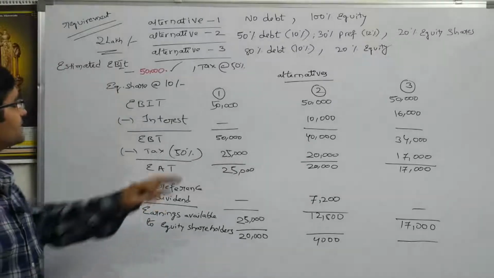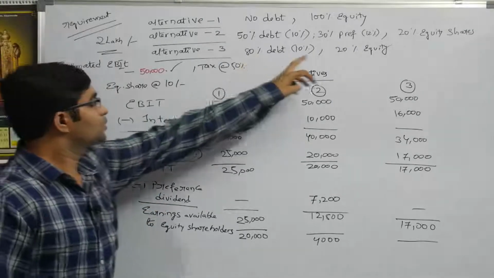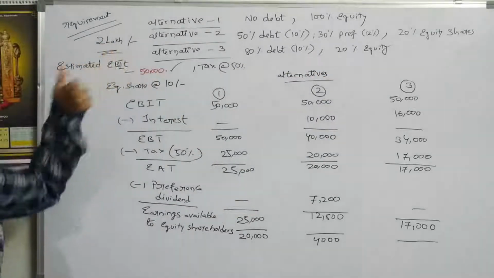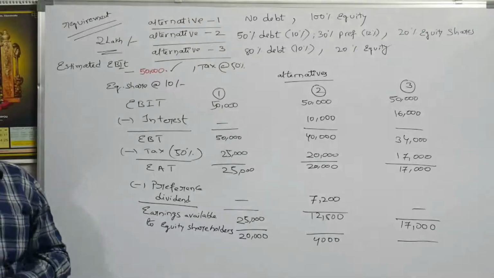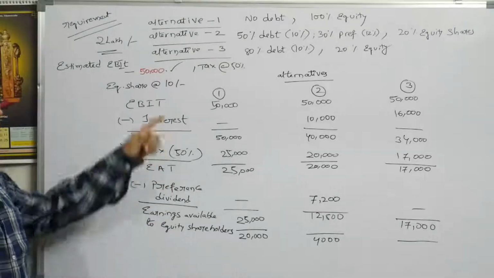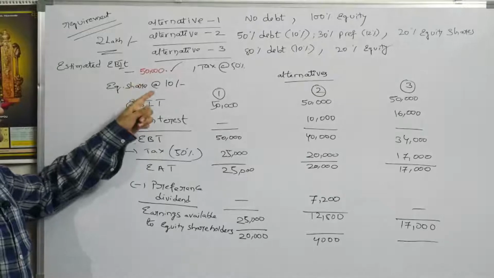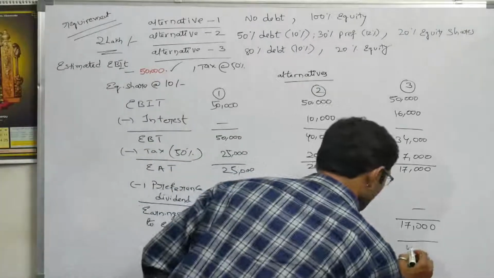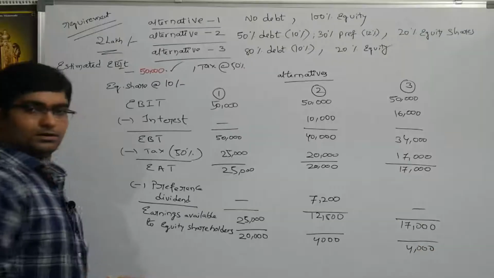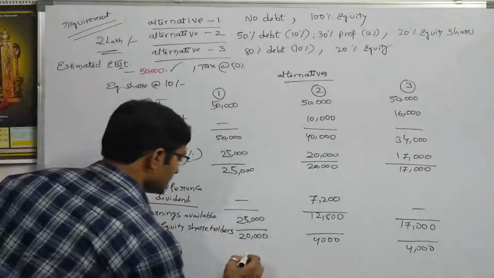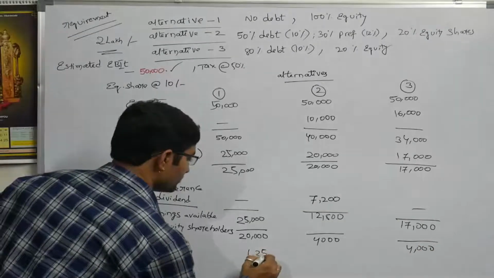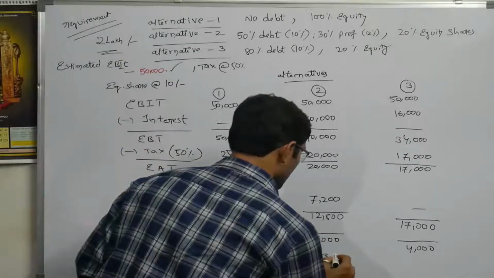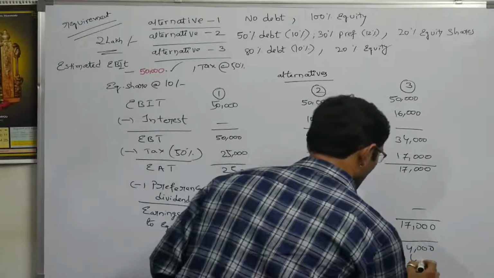And the third case is 20% equity. In 2 lakh, 20% comes to 40,000 and the share is 10 rupees, so 4,000 shares. Now it is 1.25, here 3.2 and 4.25.